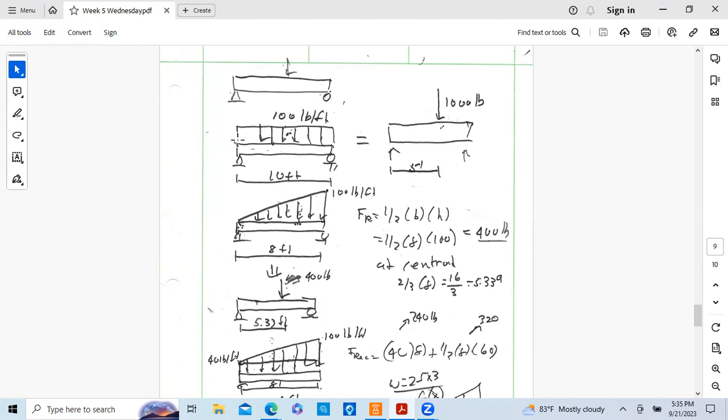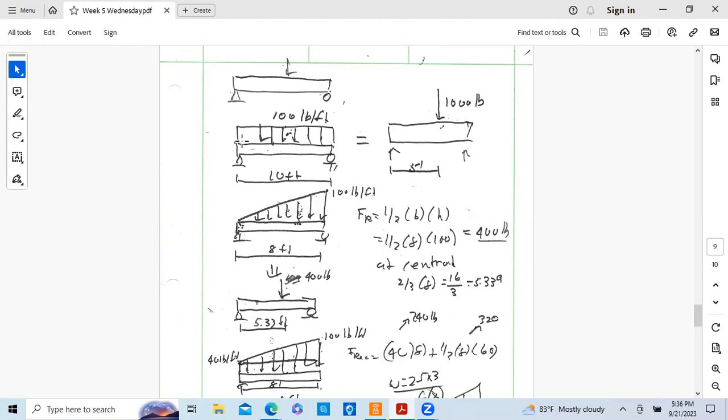When we solve the problems, we can't work with this. What we want to do is draw the free body diagram. We want to reduce this force into a single concentrated force. So 100 pounds per foot over 10 feet is 1,000 pounds. Okay, so we have 1,000 pounds, and we need to dictate where it's going to be acting. It's going to be acting at the centroid of this area, and this is a rectangle. So the centroid is at the center, and so this is going to be 5 feet over, and we always measure from the left to right, always.